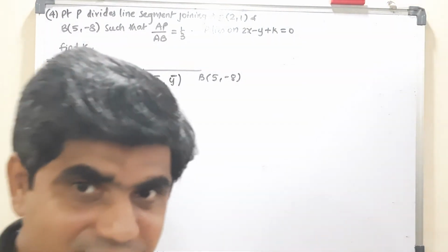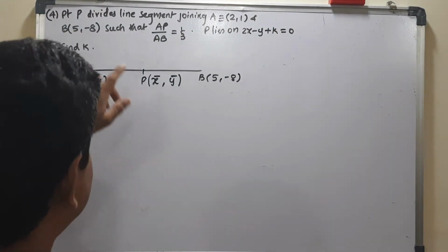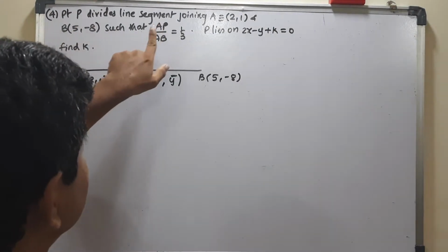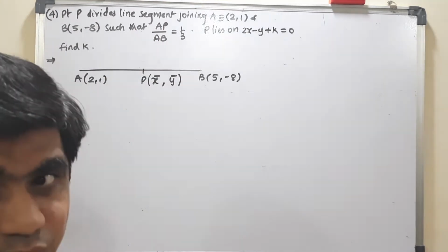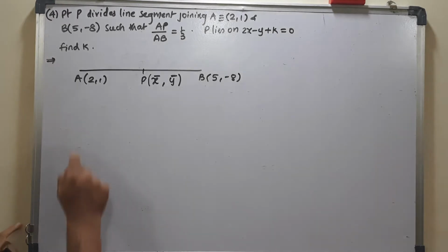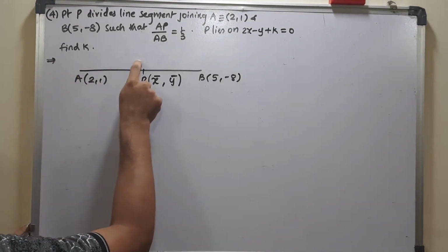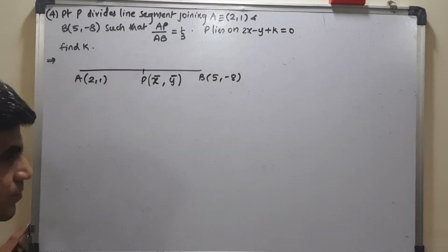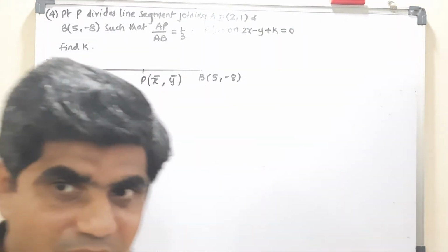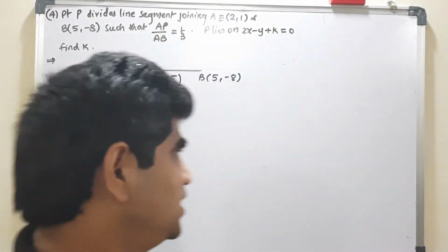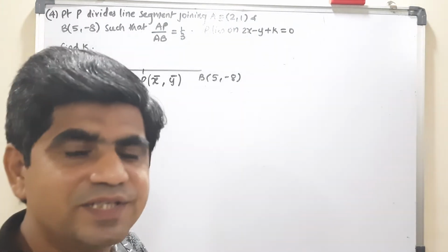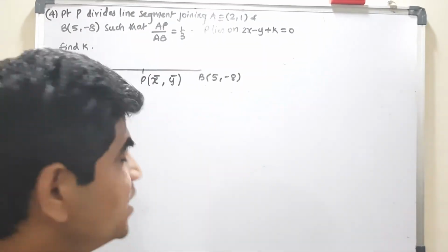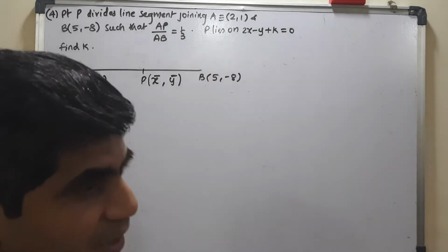Now what the condition says over here is that this point P is such that the ratio of AP is to AB is 1 is to 3. Now since we have only internal division, otherwise we could have done it directly, we need to get the ratio of AP is to PB.